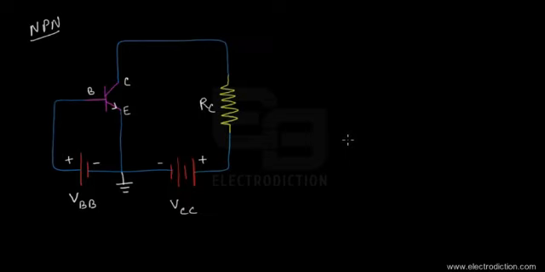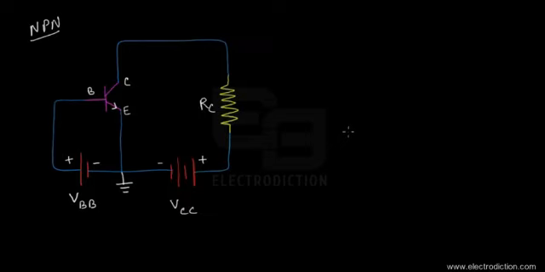The BJT has been optimized as an amplification device, and in order to use the BJT as an amplifier, we need to perform certain analysis, out of which the load line analysis is the foremost important thing that we need to do.